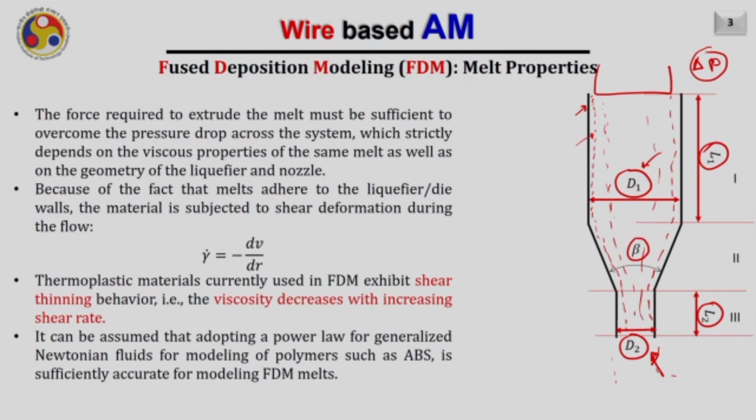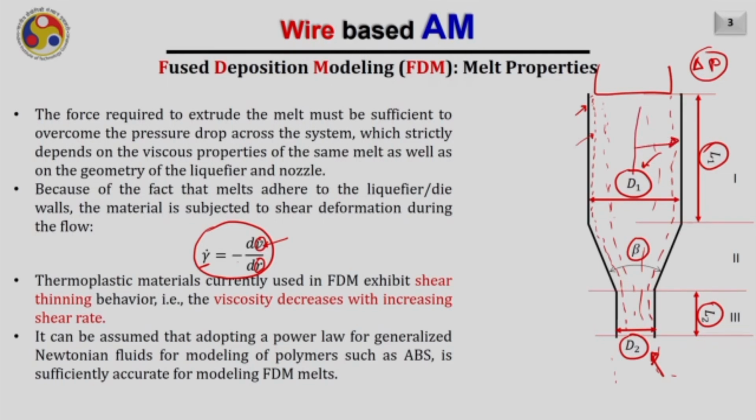So, the shear rate can be given by this formula: the shear rate will be equal to minus dV by dr, where V is the velocity of the melt and r is the radius of the liquefier.